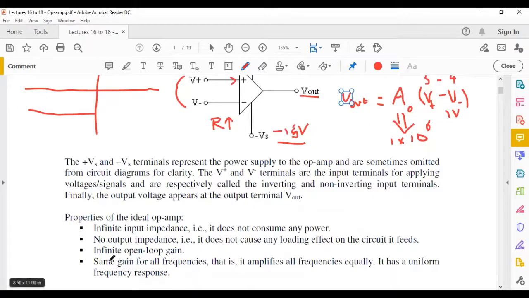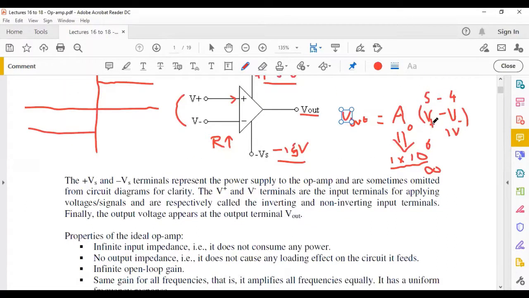Next, as I've just mentioned, it has infinite open loop gain. I mentioned a value, for example, 1 million earlier for this gain here, but for an ideal op-amp, this is infinite. This means that the slightest difference that you have between V plus and V minus is going to cause the op-amp to be saturated, like we see here.